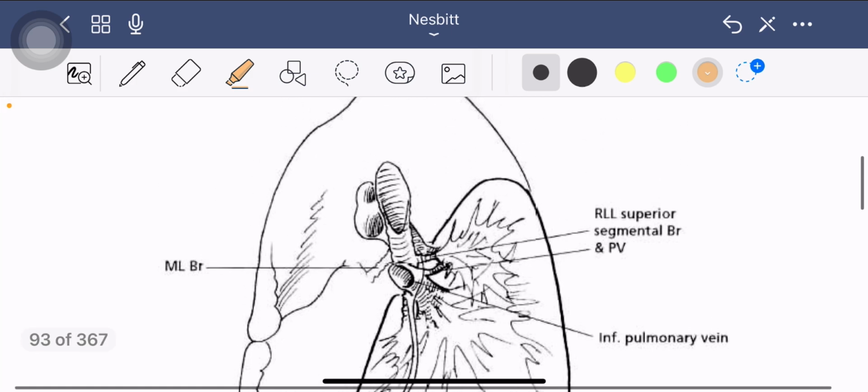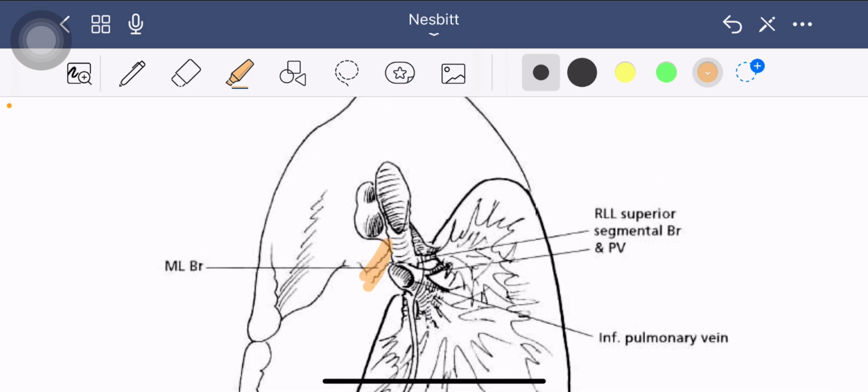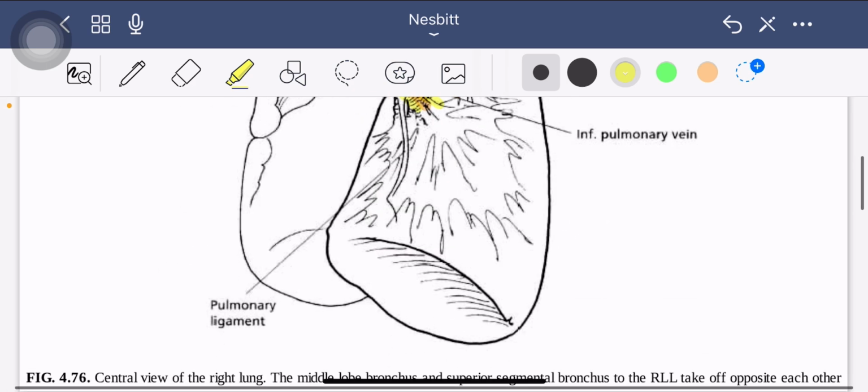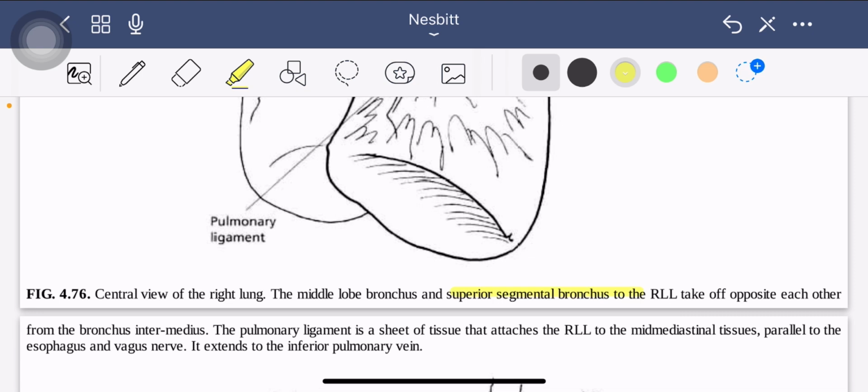So this is the central view of the right lung. The middle lobe bronchus and the superior segmental bronchus to the right lower lobe take off opposite each other. This is the middle lobe bronchus, and this is the right lower lobe superior segmental branch, and this is the inferior pulmonary vein.